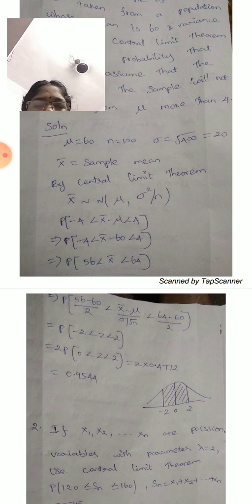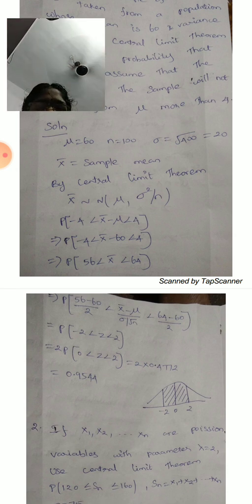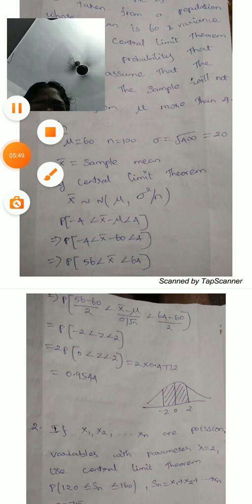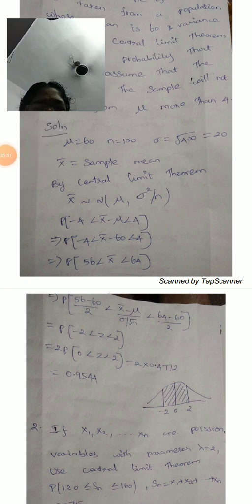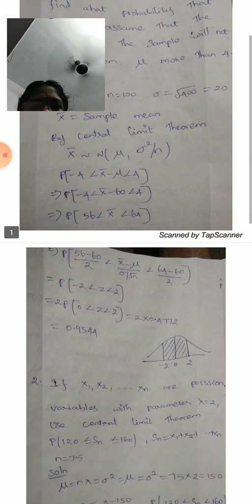From the normal table, the probability of 0 less than z less than 2 is 0.4772. Simplifying, 2 into 0.4772 equals 0.9544.